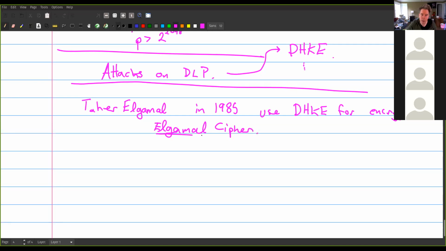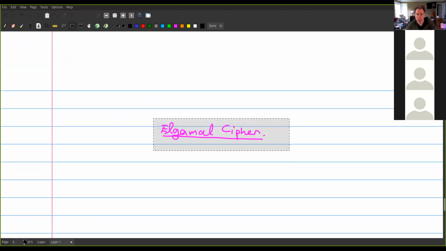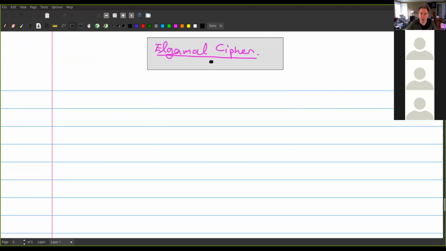Here's the way it basically works. Let me just start on a new page here. I'll copy this and go to a new page. Step one is to use Diffie-Hellman key exchange to agree on a shared secret.